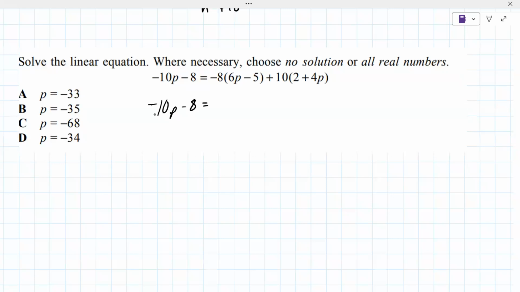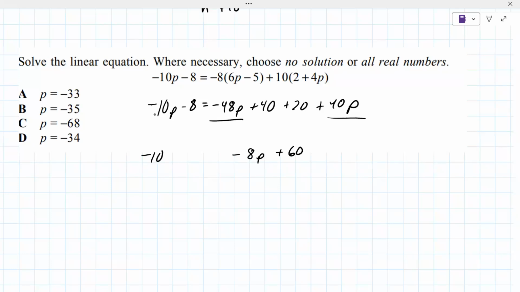That's where most of the work is. Minus 48p plus 40 plus 20 plus 40p. Does that match what you have? Yes. Okay. So then you combine like terms: minus 8p plus 60. Does that match what you have?